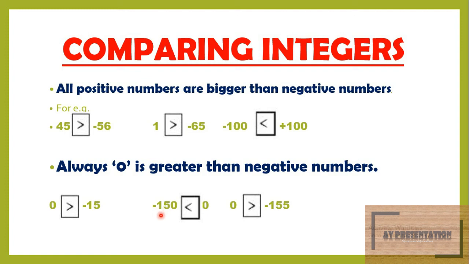Now check the next example, negative 150 and 0. So here also 0 is greater than negative 150. Next example, 0 and negative 155. In that example, 0 is greater than negative 155.